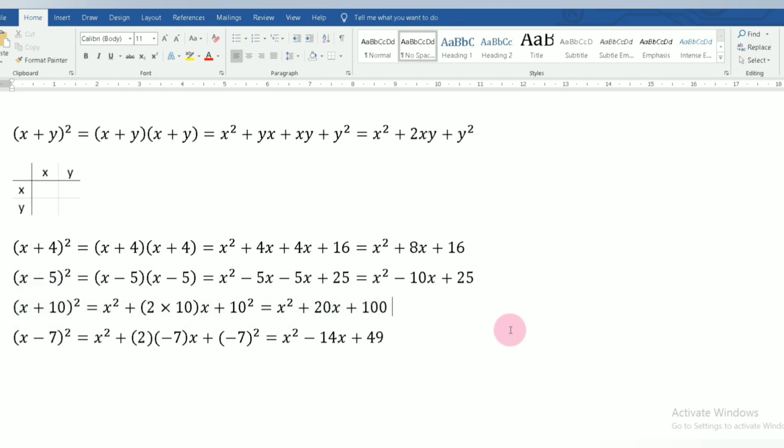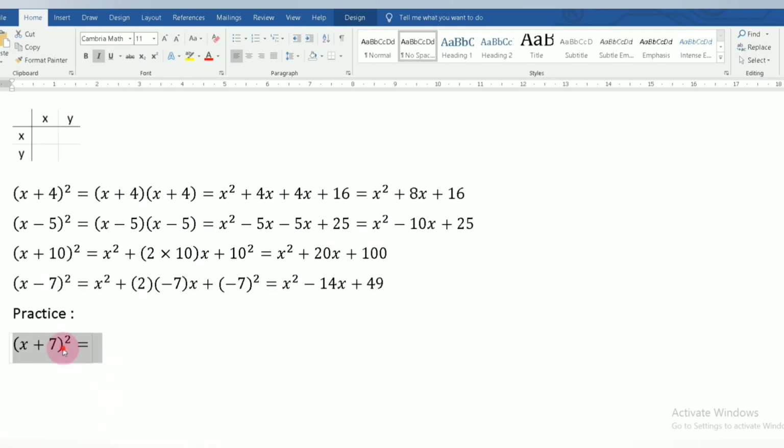Okay, so let's practice then. (x plus 7) squared means the first term is x squared, and the second is 2 times x times 7, so it is 14x, and then the last term will be 49.